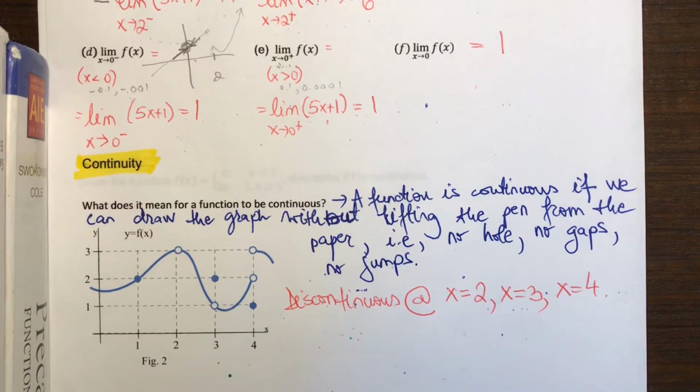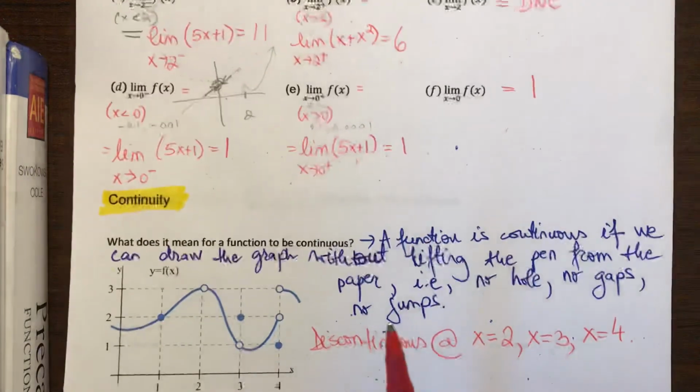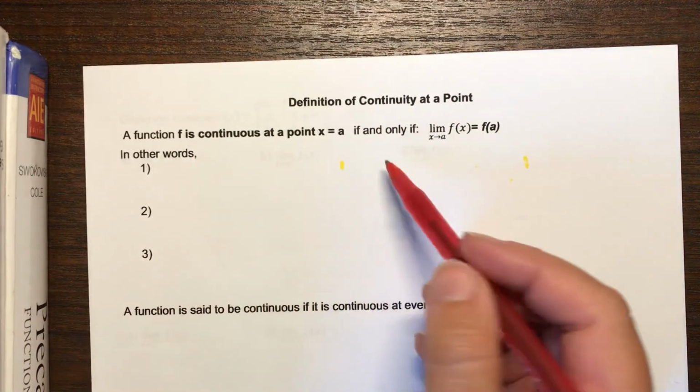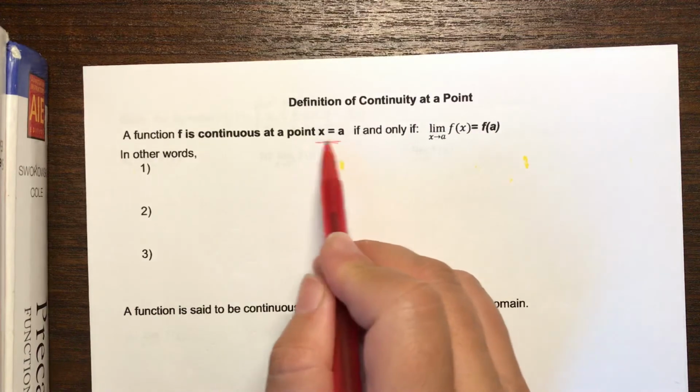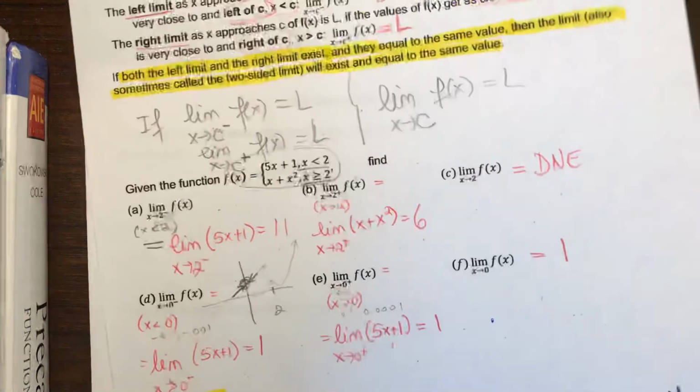Okay, so we're going to come back to this page, but I want to talk about what's the proper definition of continuity. So a function is continuous at a point. As you saw, this function was discontinuous before at x equals 2, 3, and 4, yes?